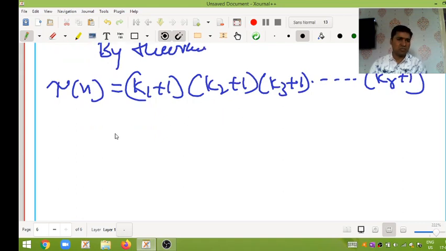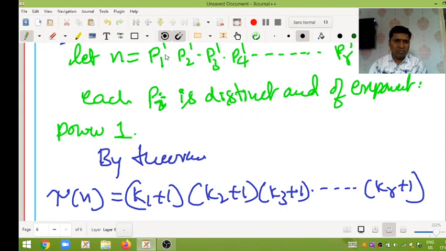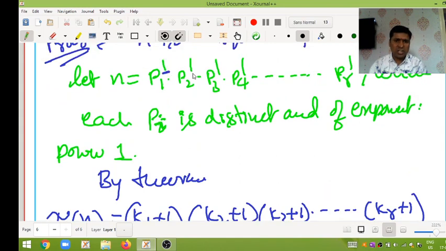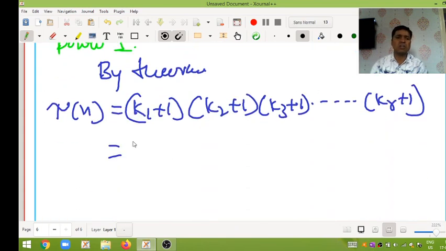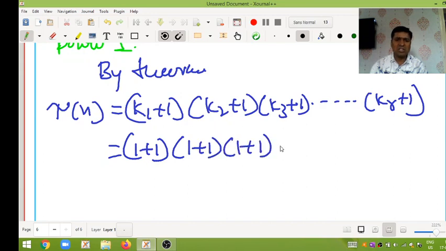That is the shortcut form. So here k1 value is 1, k2 value 1, k3 value 1, k4 value 1, and so on, kr value 1. So (1 plus 1) into (1 plus 1) into (1 plus 1) into so on, will come.